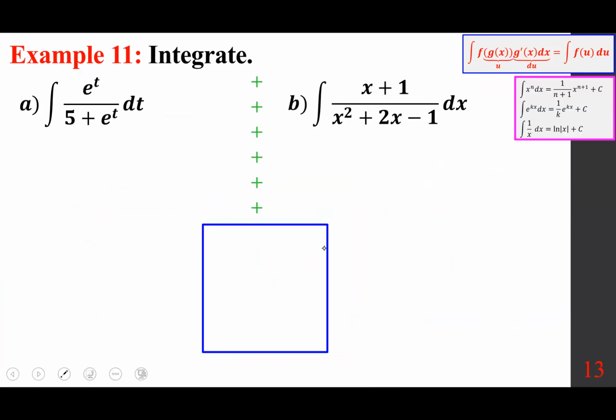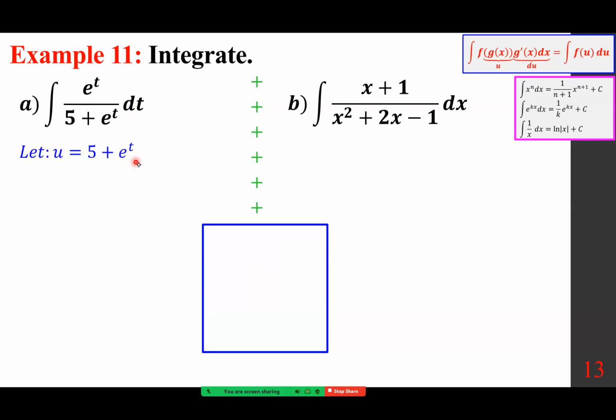Again, I want you to see these two questions side by side. Why? This is a rational function. This is not, but both of them in essence are fractions. Therefore, we use the same methodology, which means first and foremost, simplify if you can. We can't simplify any of it, but if we could, we must. When we can't, the choice of u is the denominator.